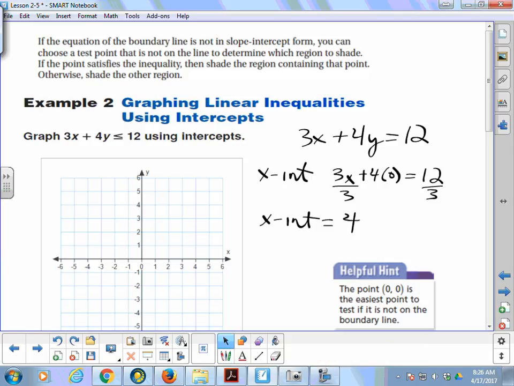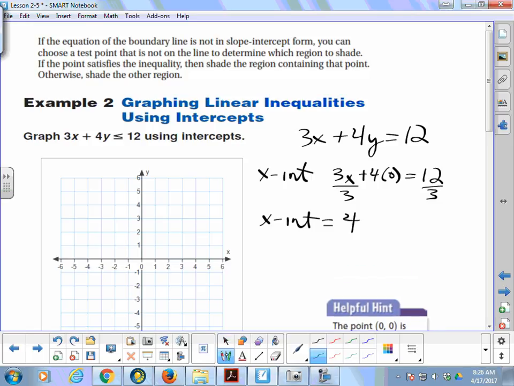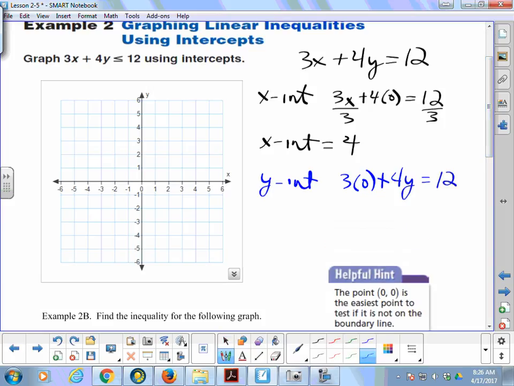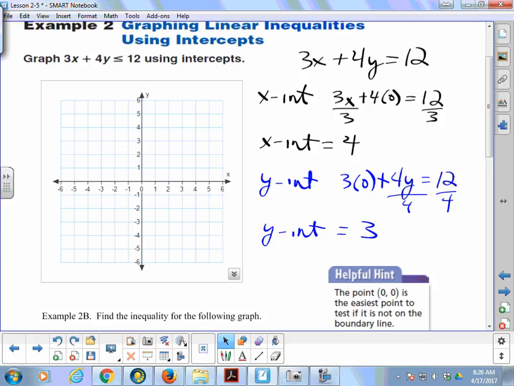Our y-intercept, we're letting x equal 0. So our y-intercept is 3. Okay, so we'll make our graph, mark the x-intercept at 4, the y-intercept at 3.